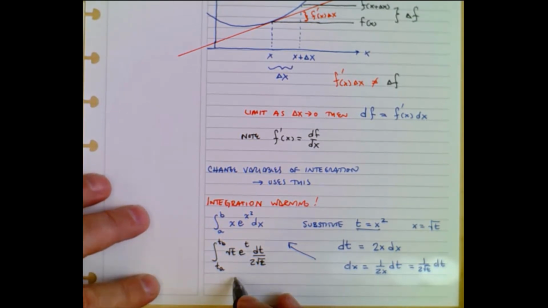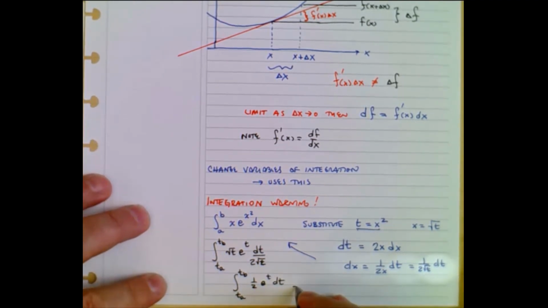And finally then, that integral becomes the integral from ta to tb of 1/2 e to the t dt. Easy integral to do. It will just be 1/2 e to the tb minus e to the ta.